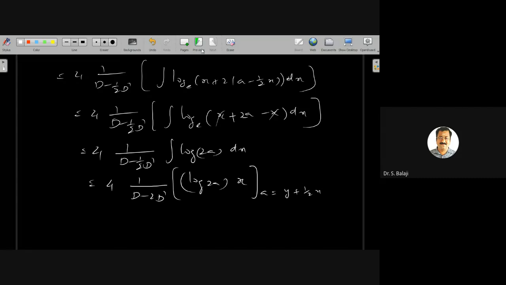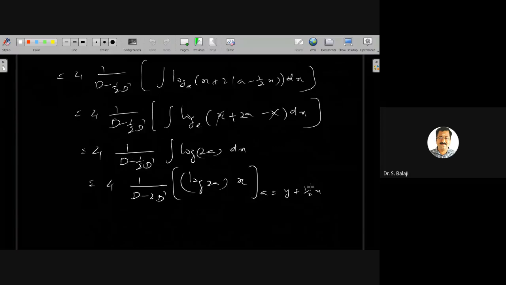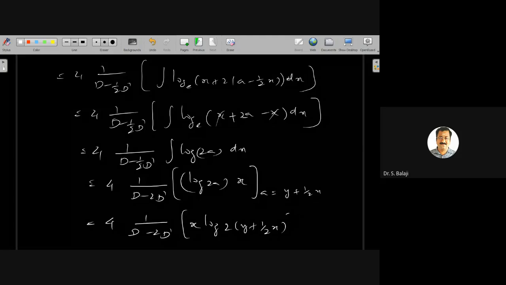So after integral, D minus 2D dash, log 2a with a equal to y plus half x, that is log of 2y plus x.